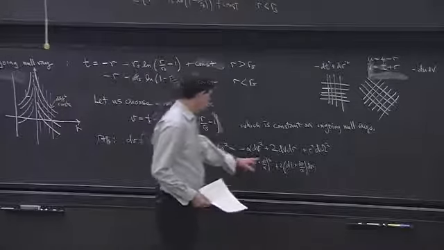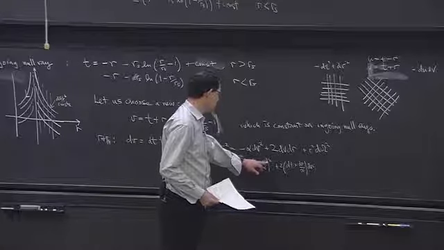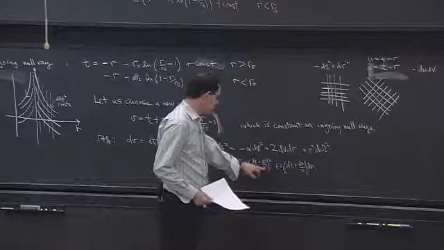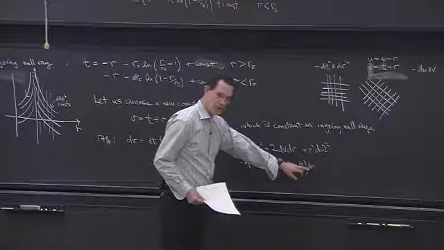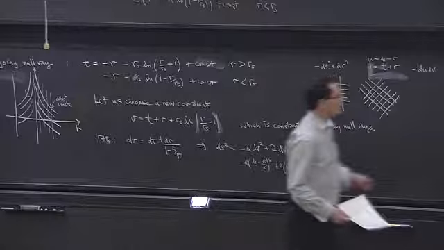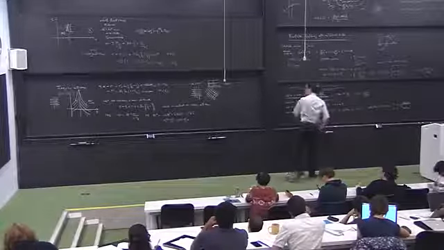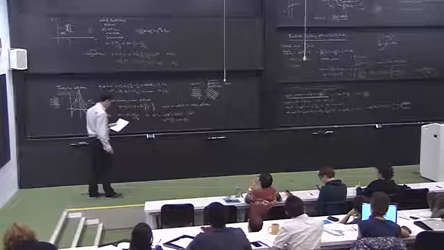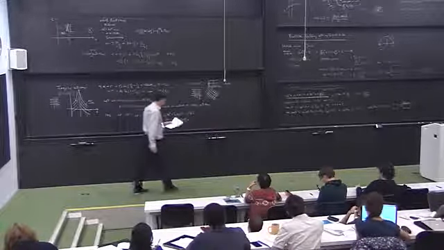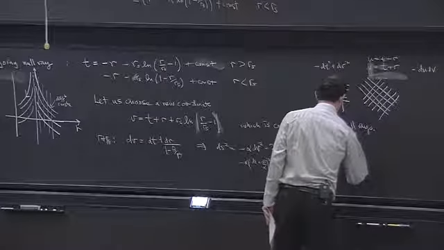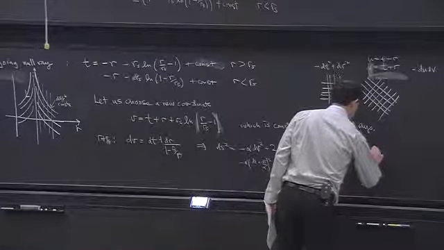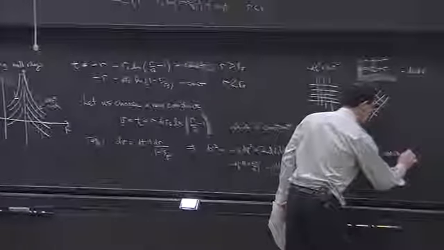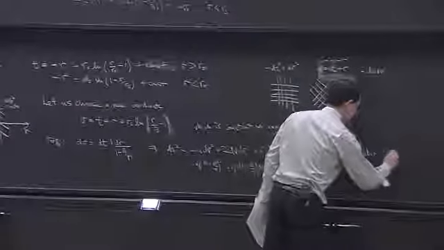And then over here I get minus dr squared over alpha, and here I get plus 2 dr squared over alpha, so this reproduces that term. And so we find in these v-r coordinates that the metric is completely non-singular at r equals r_s.